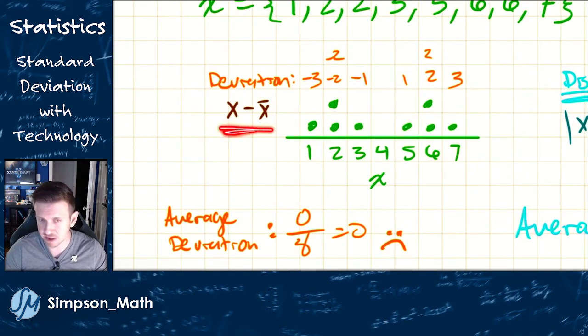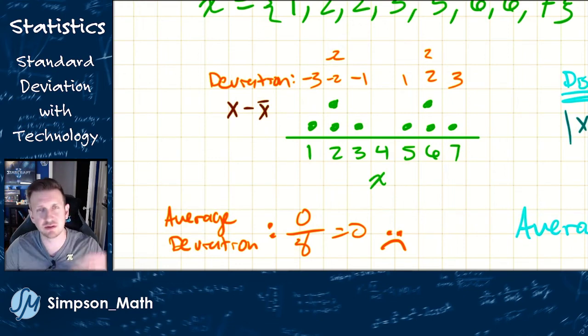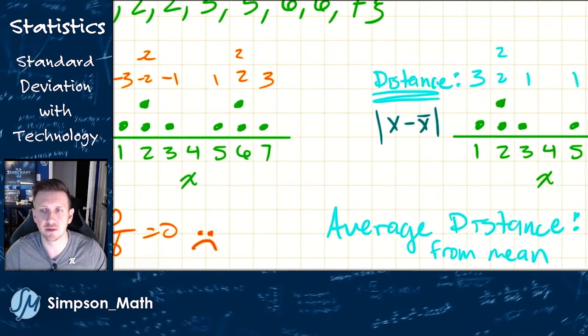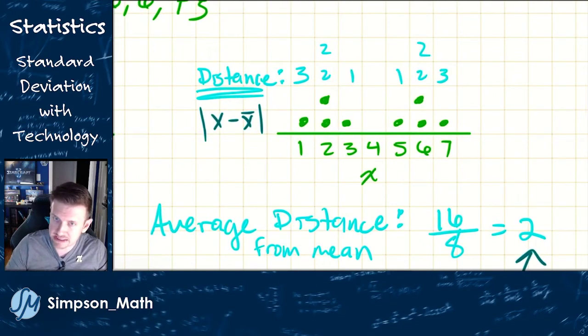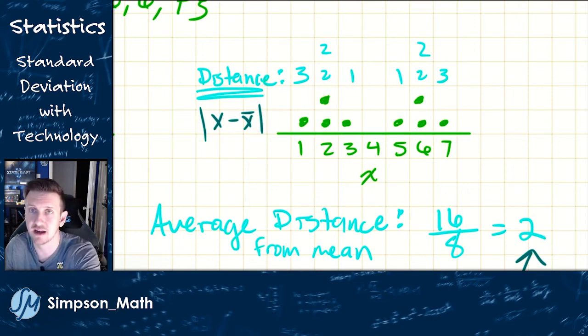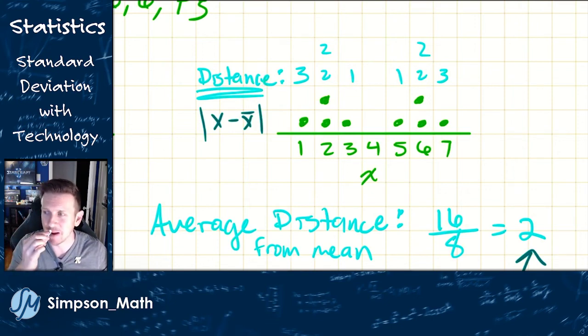So just my deviation by itself, x minus x bar, is not good enough. What if I drop the whole direction part and just look at the distance? So if I look at the distance that these values are away from the mean, notice what I've done here is I've gotten rid of the negatives. Mathematically, that is finding the absolute value.